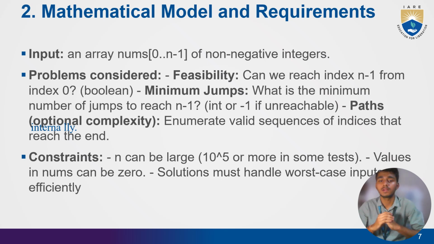An int, or minus 1 if unreachable. Optional complexity: enumerate valid sequences of indices that reach the end. The constraint: n can be a large number, 10 to the power 5 or more in some tests. Values in nums can be 0. The solution must handle worst-case inputs efficiently.